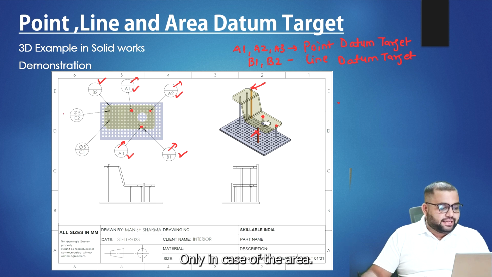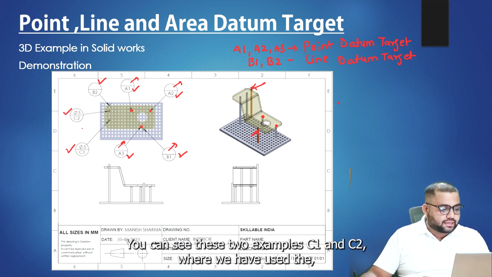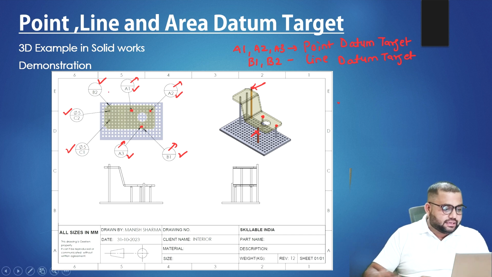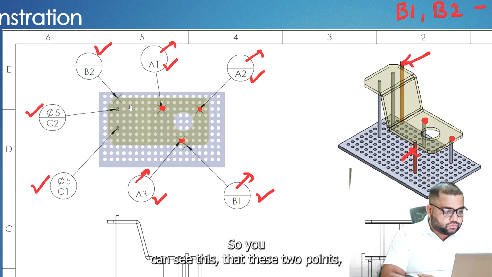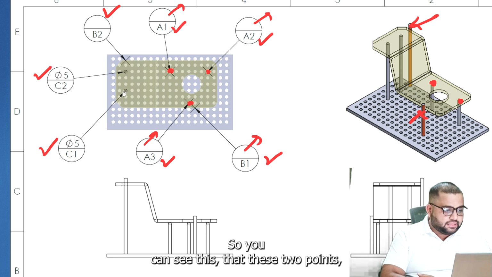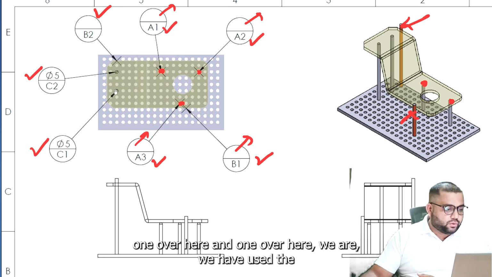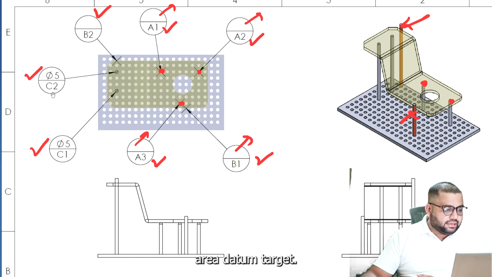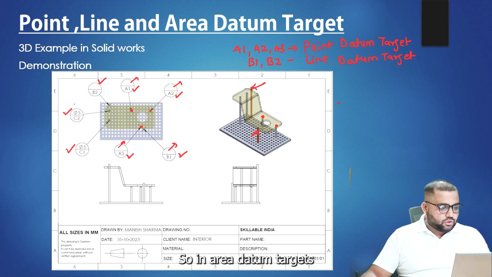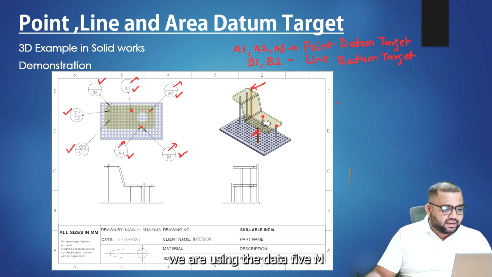Only in case of the area, you can see these two examples, C1 and C2, where we have used the area datum targets. These 2 points, one over here and one over here. In area datum targets, we are using the dia 5 mm, which is shown by this symbol.